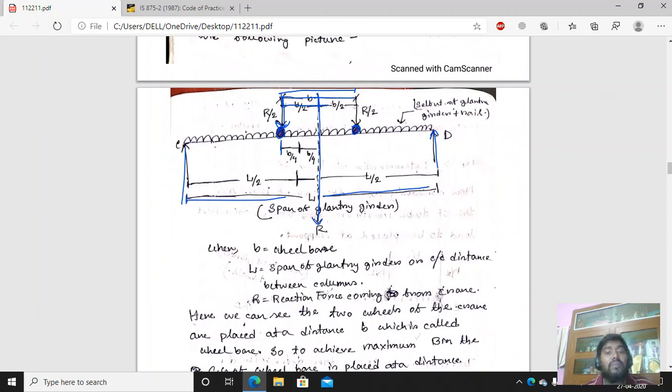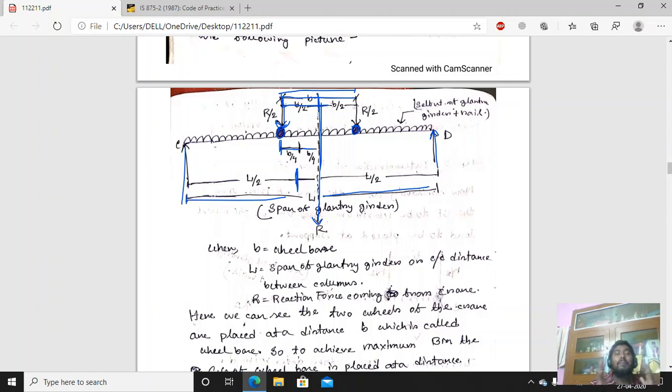So it will be equidistant from the center line of the span, the midpoint of the span. One wheel load is at a distance of B by 4 from the center, and the CG is also at B by 4 from it. The center of the span of the Gantry Girder is placed at a distance B by 4 from one wheel and B by 4 from the CG of the wheelbase.